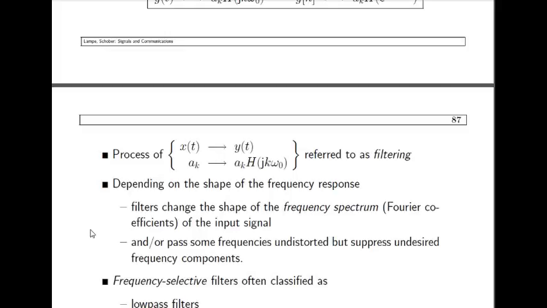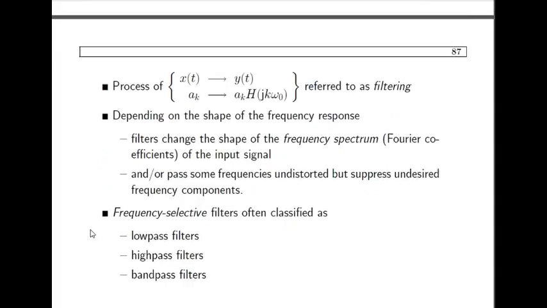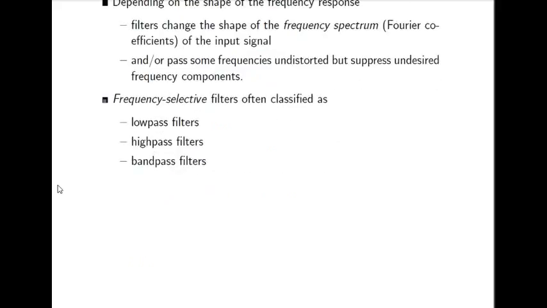There are frequency selective filters classified as low pass filters, high pass filters and band pass filters. I'll be teaching you about low pass and high pass filters, and I'll not be able to teach band pass filters because they are pretty difficult to understand, and you will understand them more in the course Principles of Communication. Now let's start with some examples and then we'll go to filters.